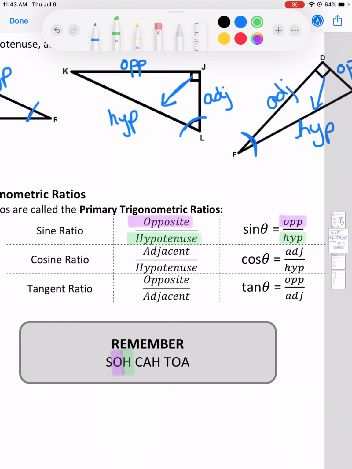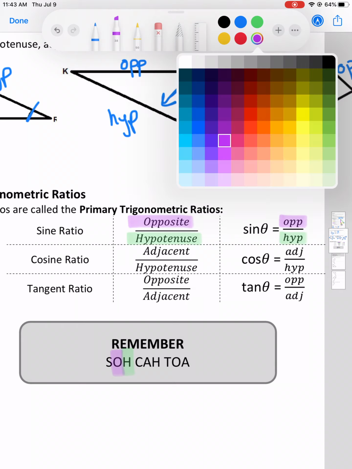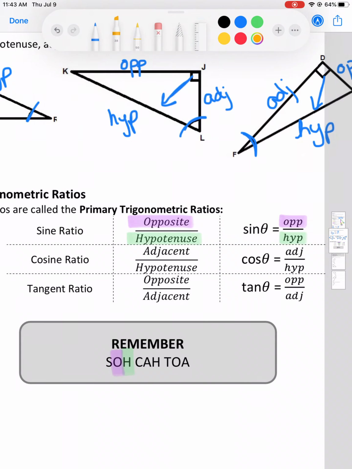Okay? And then if we really want to get fancy, we can do our sine, just so you can see where that's coming from. So our adjacent, so for cosine, sorry, I should say, is our adjacent over our hypotenuse.